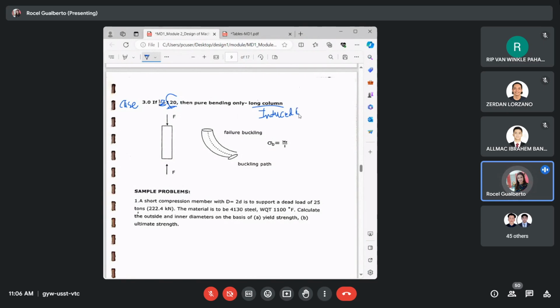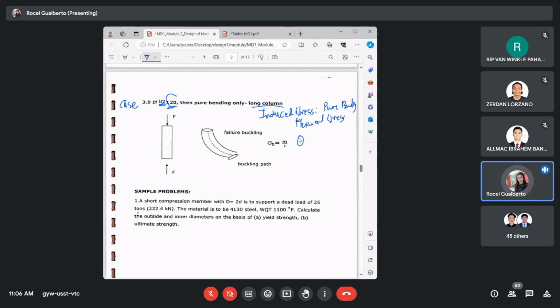okay, so ang induced stress po niya is somewhat similar to that of a pure bending. Okay? So, sa pure bending na po siya pumapasok. And if it's a pure bending, yan na po yung tinatawag natin as the bending stress or the flexural stress. Okay?